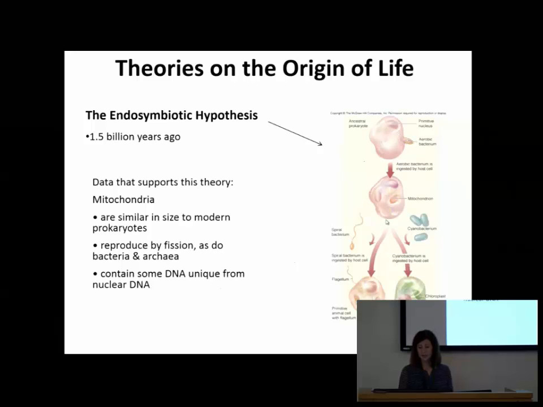And we're not going to worry about the plant cell. But there's evidence to show that the mitochondrion was from a prehistoric aerobic bacterium. And the information to support this endosymbiotic theory is that the mitochondria are similar in size to prokaryotes. They can reproduce, right?